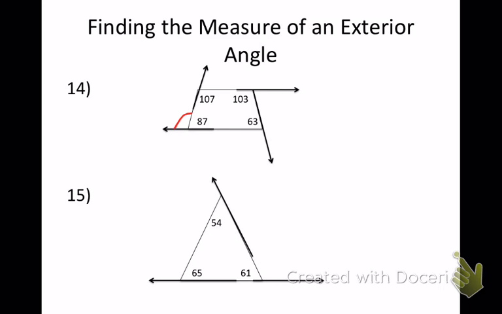This is a line. How many degrees is a line? 180. So 180 minus 87 gets me 93 degrees. Nice.